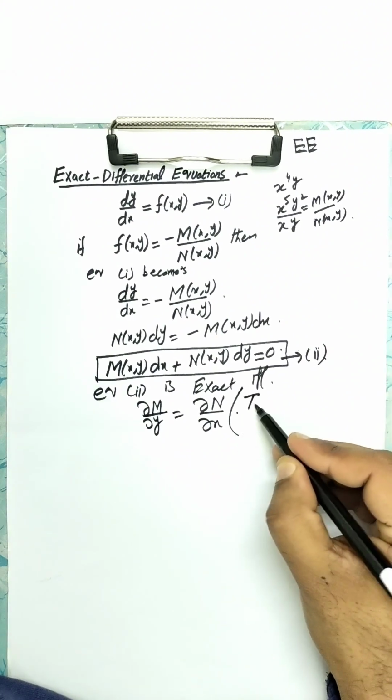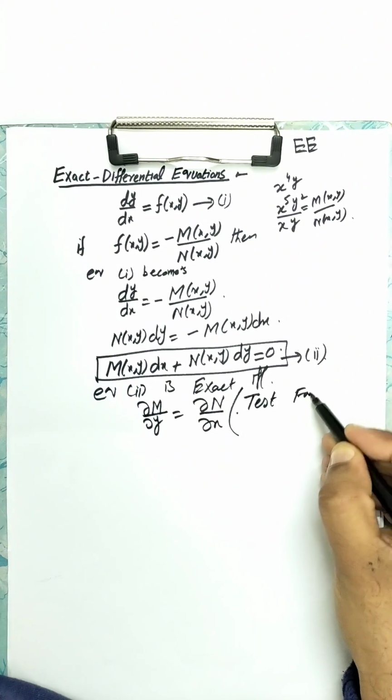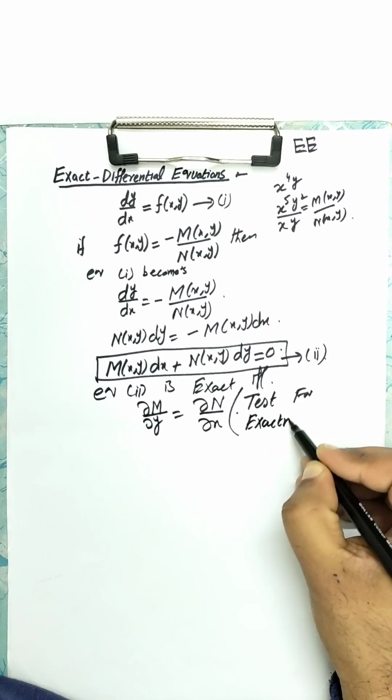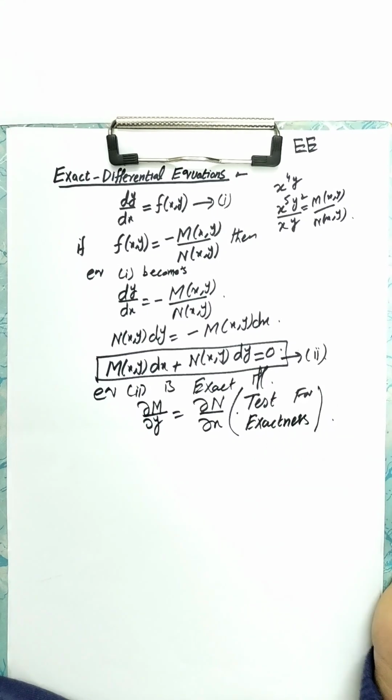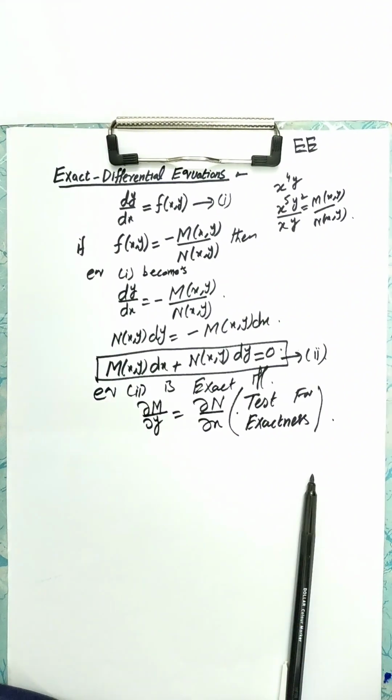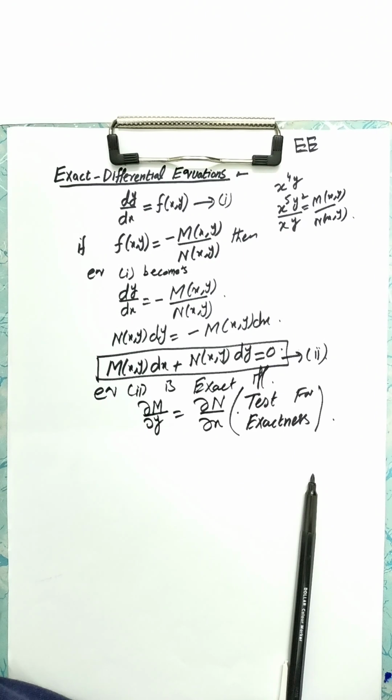So this is the test for exactness. This is the test for exactness. So this is another type of first order and first degree differential equation, and that is an exact differential equation.